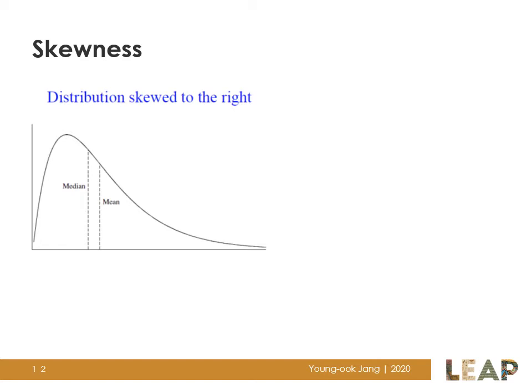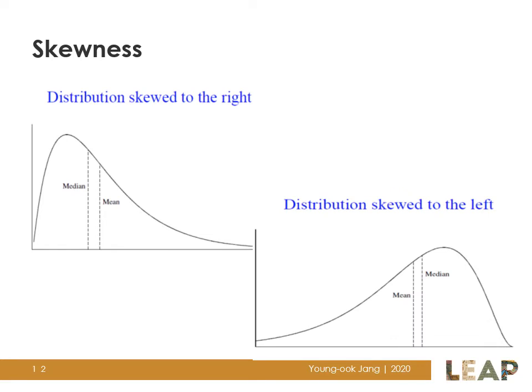The median is independent of outliers, whereas the mean is dependent on them. So if you have a big outlier in your variable, then the median is a better measure of central tendency than the mean. If you have an outlier on the left-hand side, then it's skewed to the left. I will show you some examples of these, so don't worry if you don't understand it at the moment, okay?